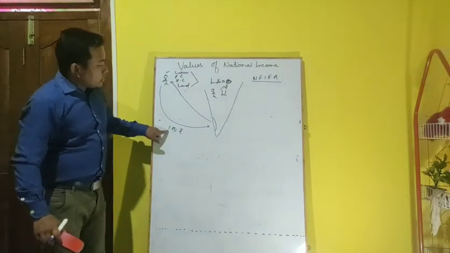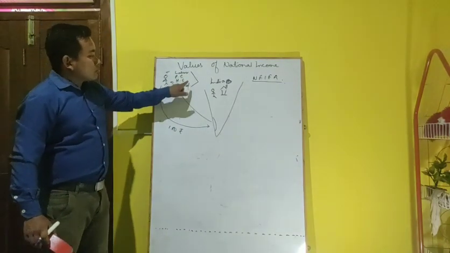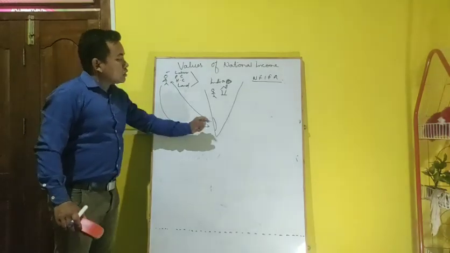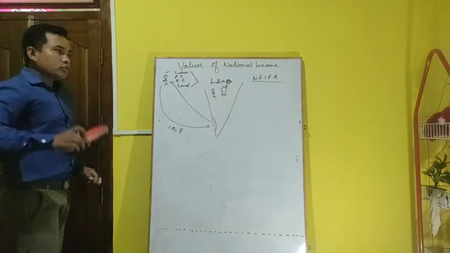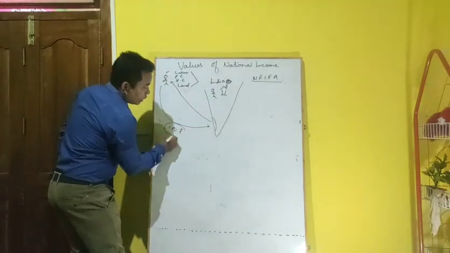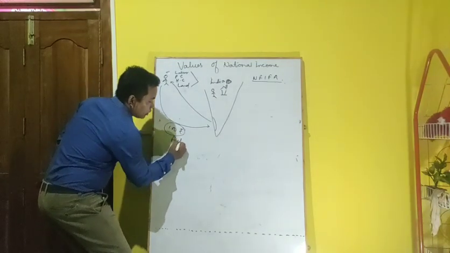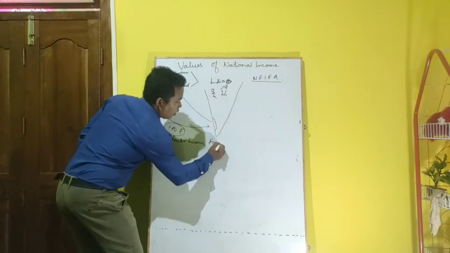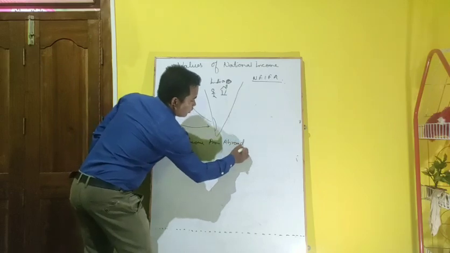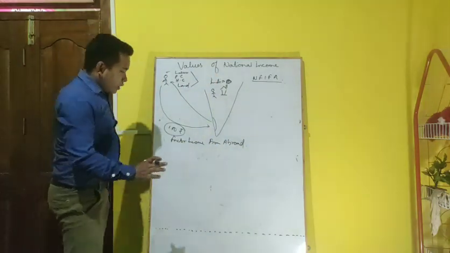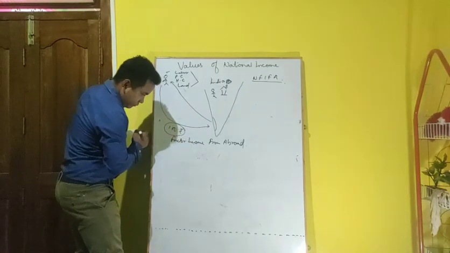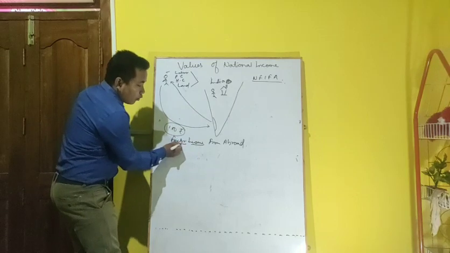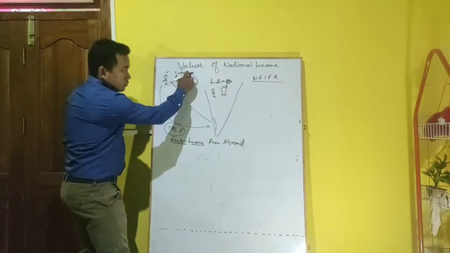So this rupees 100 is the earning of factors of production used by Indians outside India, and that money is being sent back to India. That's why this rupees 100 is known as factor income from abroad. Factor income from abroad. Remember this, factor income. That means this income rupees 100 is being earned by one of the factors of production.